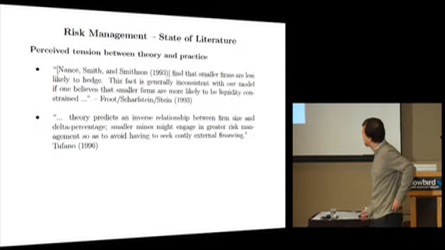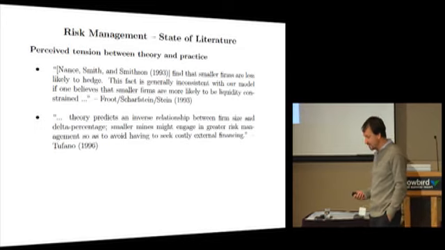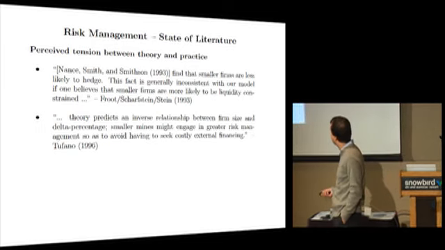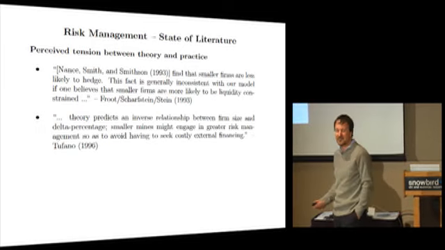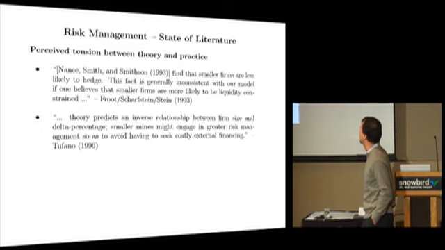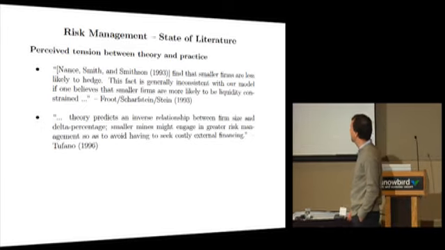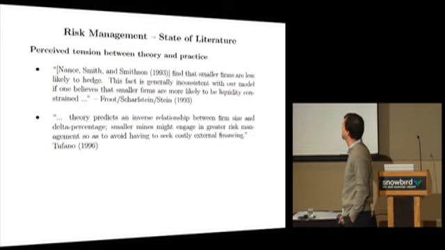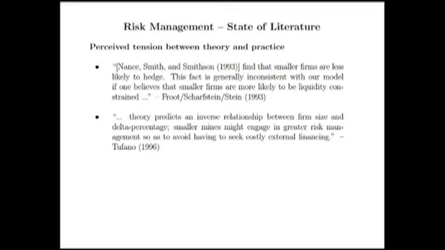All right, I've said this a little bit, so essentially what people saw is that the smaller firms seem to be hedging less, and Froot, Scharfstein and Stein, for example, argue this seems to be generally inconsistent with their model if one believes that smaller firms are more likely to be liquidity constrained. And when people such as Tufano take the theoretical prediction to the data, they also think that what they're expected to find is an inverse relation between firm size and how much people hedge.